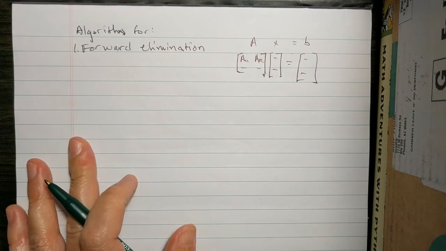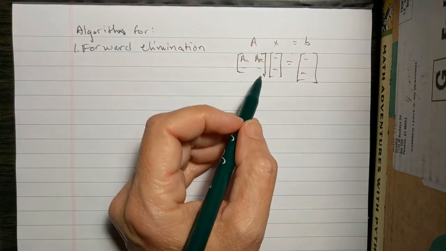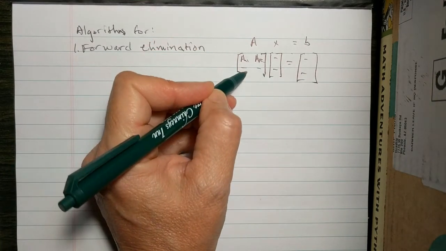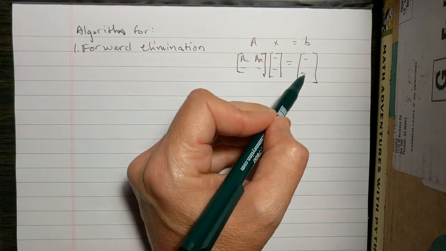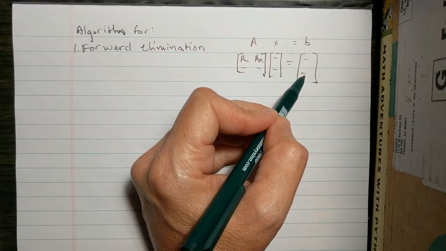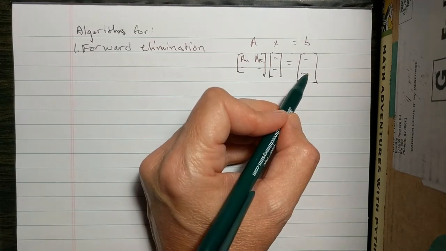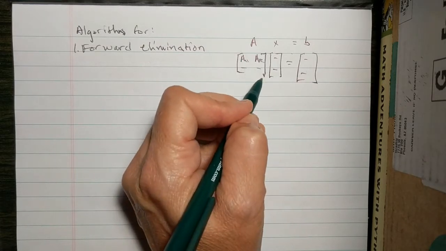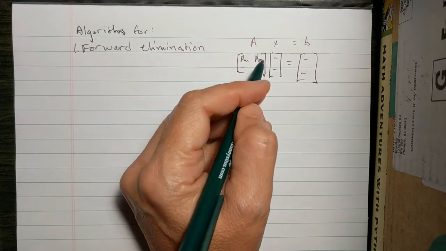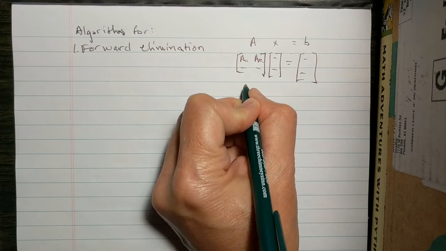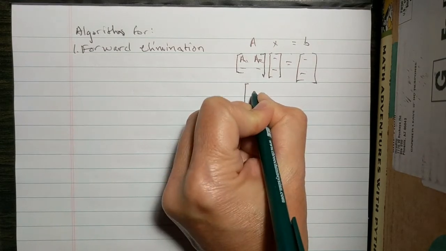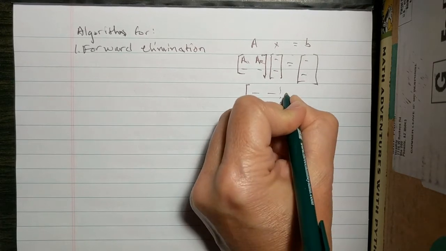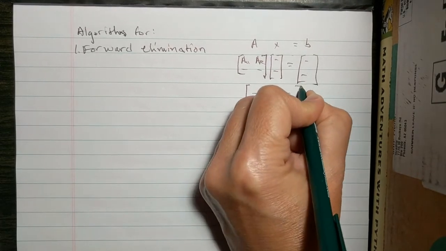Now, what people commonly do is, we know we're going to have to do a lot of row operations on this matrix, and we need to do them also to the b vector. So commonly they put the b vector in with the A matrix and call it the augmented A matrix. So the new augmented A matrix has the A things in it, and then the B things in it.